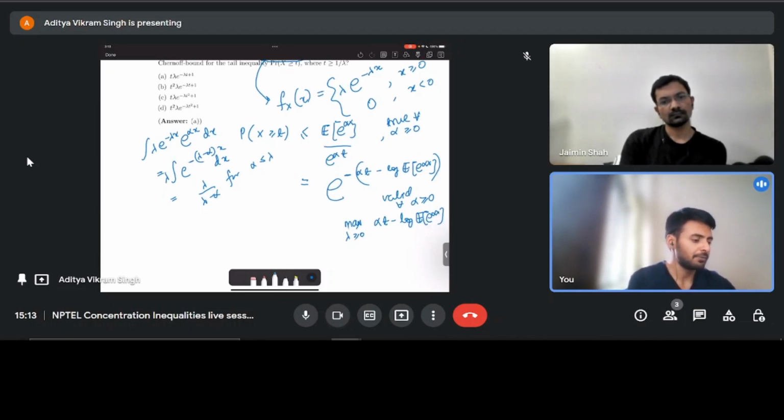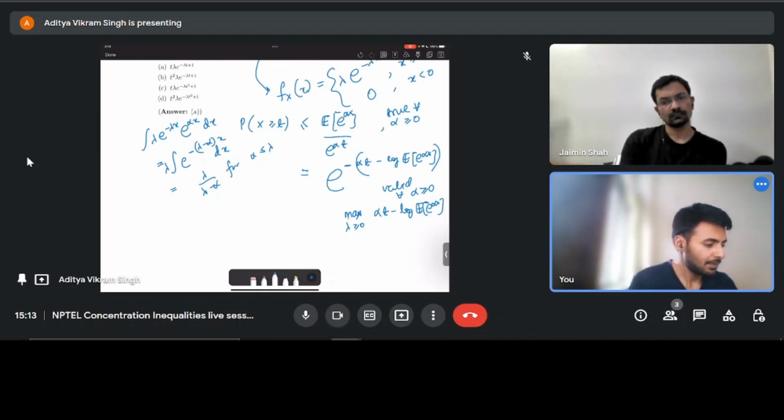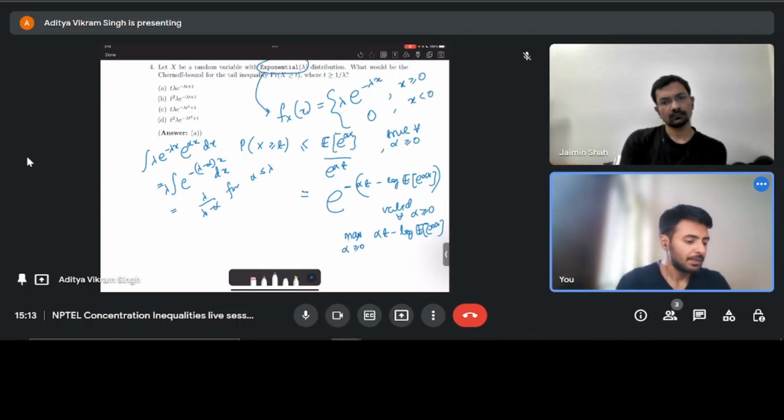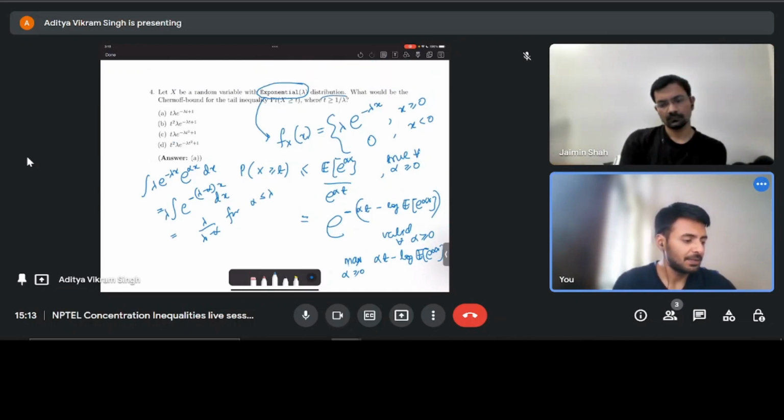So any alpha would be fine here. In the maximization we have alpha greater than or equal to 0. Now what role is this playing?